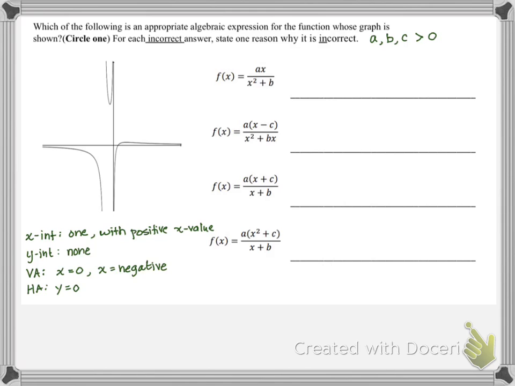When you set a fraction equal to 0, remember that when we clear fractions, if I multiply both sides of this equation by x squared plus b, this will cancel and the right side will just remain 0 because 0 times anything is still 0. So setting a fraction equal to 0 is the same as setting its numerator equal to 0. But you don't have to remember that to remember how to find it. You could just set the fraction equal to 0 and you get to that same point by clearing fractions.